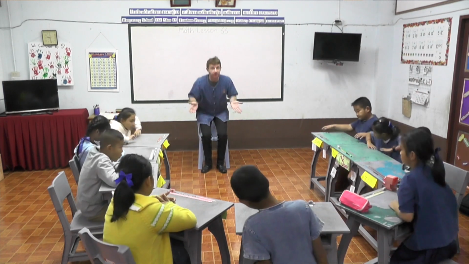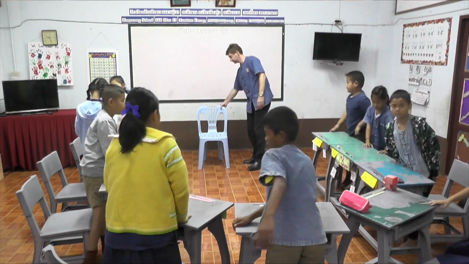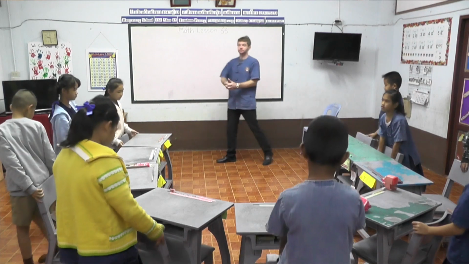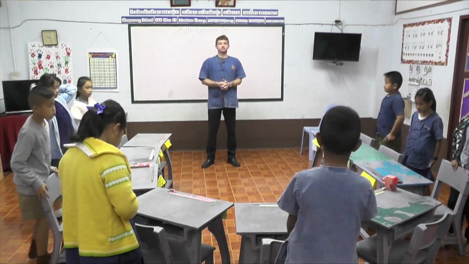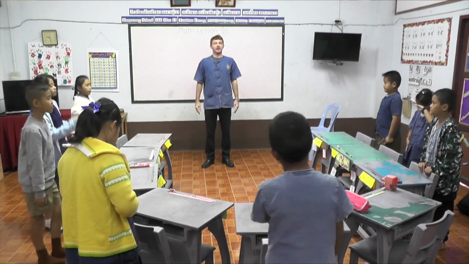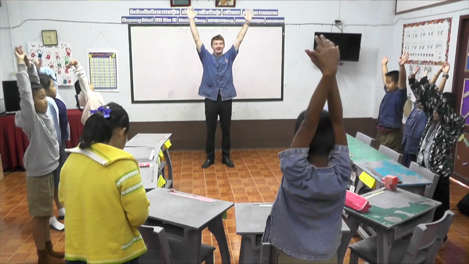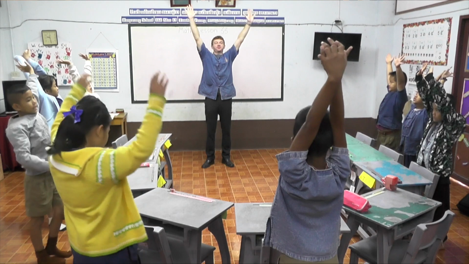Okay, and now we'll do our stretch sequence. So let's stand up and push in our chairs. Okay, so let's begin. Let's go high. Let's reach for the sky, high as we can.